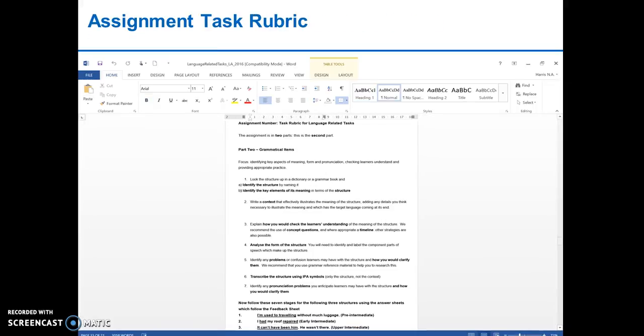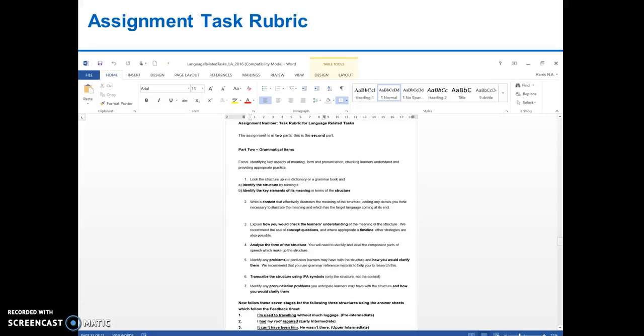The assignment task rubric is of course very important, as this tells you exactly what is expected of you in Part 2 of the language-related task, which is in fact, as you can see, divided into 7 sections.